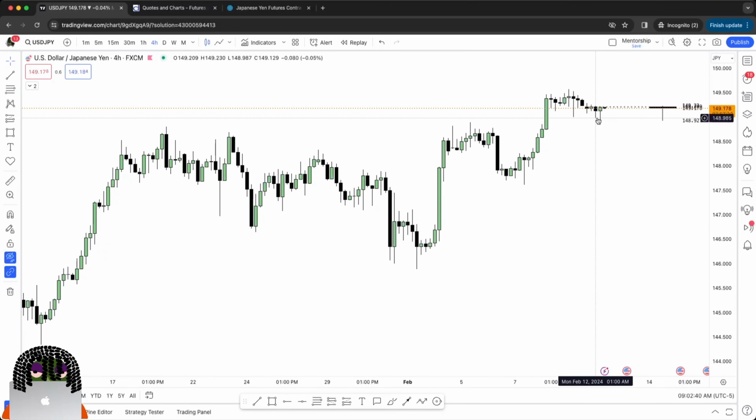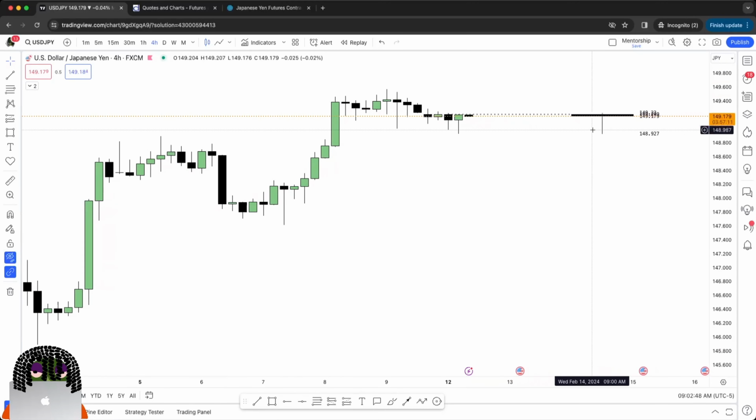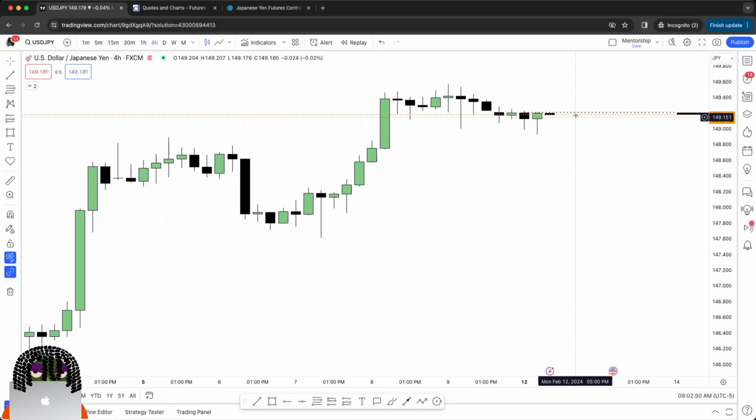But see right here, it went lower than this candle right here. It's consolidating, so it's kind of iffy, but I believe we're gonna expand in a little bit.